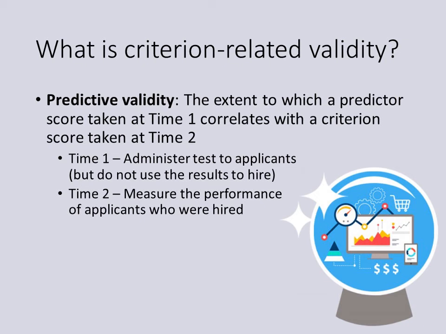We then hire some of them, but not using our test, not yet. Then toward the end of the year, we measure the performance of the applicants we hired and look at the correlation between the two measures. If there is evidence of predictive validity, then we can use that test in the next round of hiring.